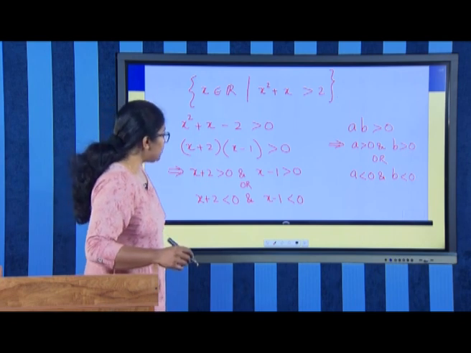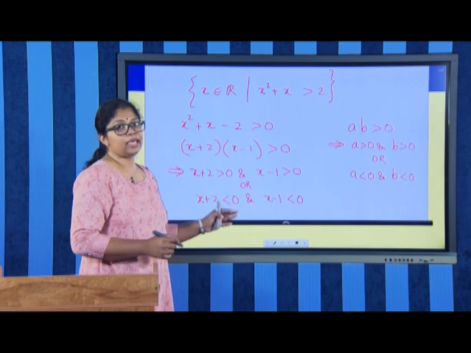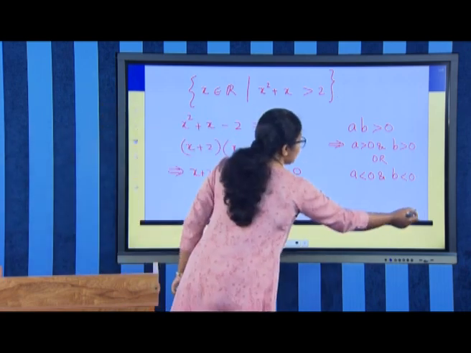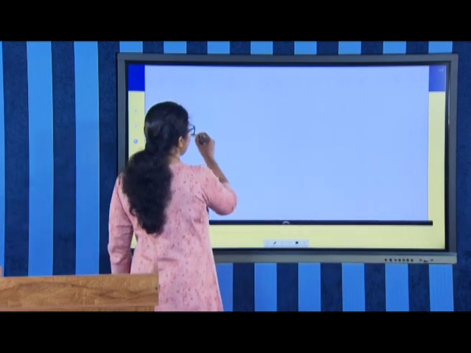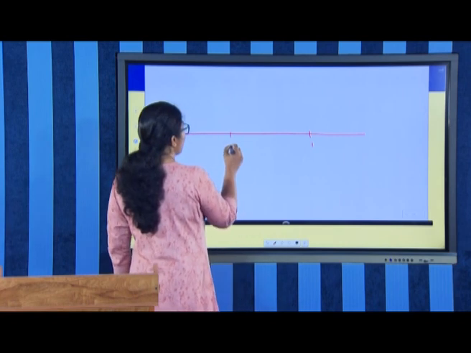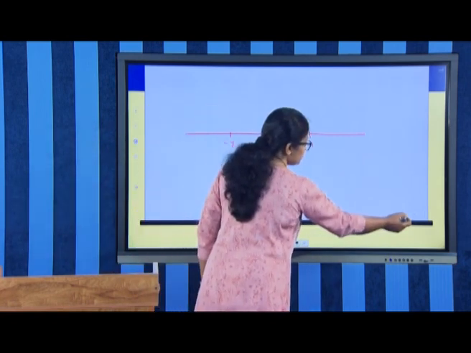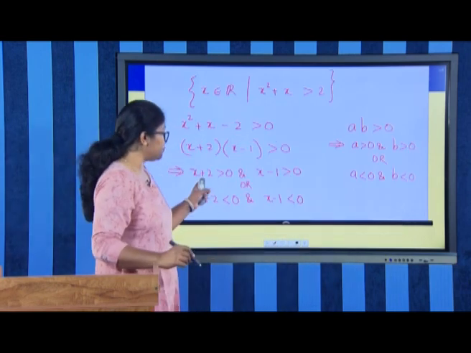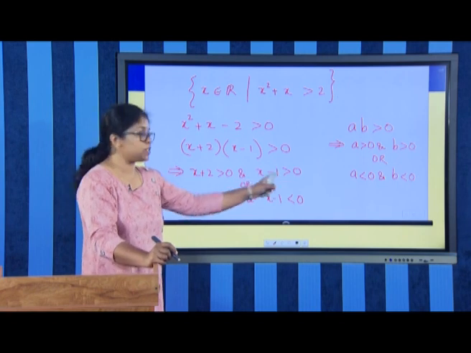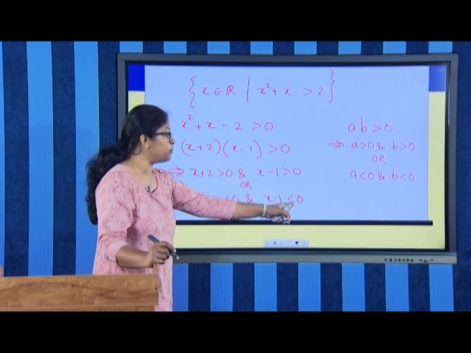Okay. Now, let us take the help of geometry to understand where these x values lie on the entire real line. We have 1 here, we have negative 2 here. Why are we taking 1 and negative 2? Because we need x plus 2 to be positive and x minus 1 to be positive, or x plus 2 to be negative and x minus 1 to be negative.